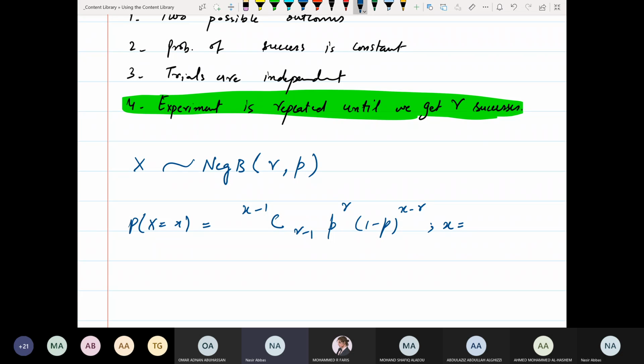If you need 7 successes, how many trials do you need to get 7 successes? What should be the minimum value of X? What do you think? 7. You need at least 7. So the domain starts from R and then R plus 1, then R plus 2 and all the way up to infinity. You may need an infinite number of trials.